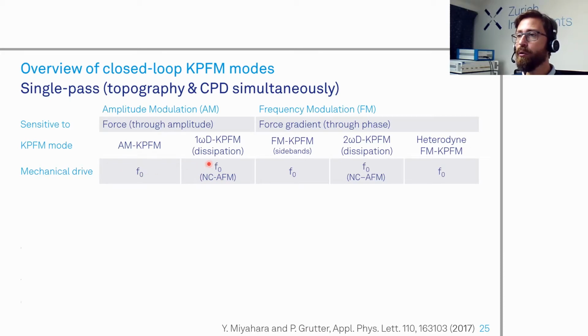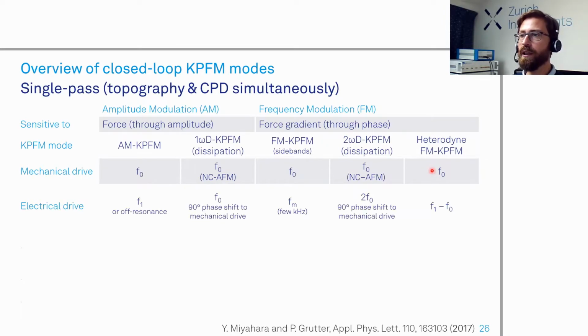But in any case, you will always drive mechanically usually at the first eigenmode. And then you can pick some different frequencies, so either some rather low modulation or the first eigenmode. You could do it off resonance, but I think it has very little value because then you have no enhancement. And then or this difference of amplitude here.